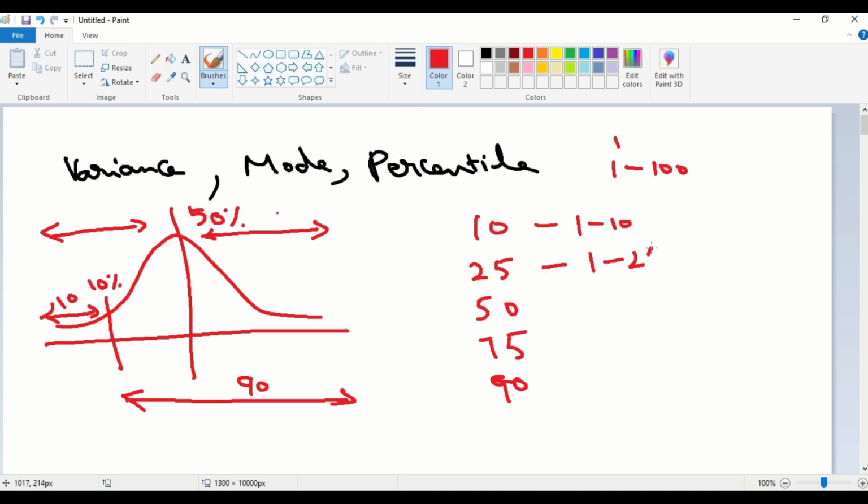So when we have 1 to 100, 1 to 10 is 10 percentile, 1 to 25 is 25 percentile, 1 to 50 is 50 percentile, 1 to 75 is 75 percentile, 1 to 90 is 90 percentile. 100 percentile is the whole thing. This is how percentile is calculated.